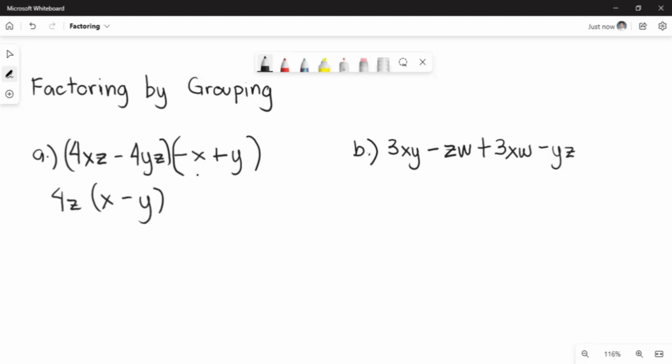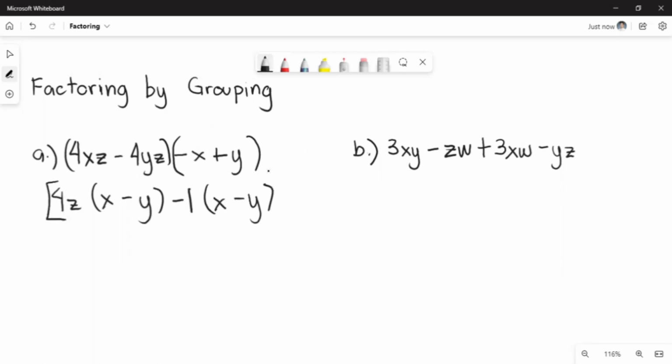Now, on the second two terms, that is negative x plus y, the common factor is negative 1. Now, if we factor out negative 1, we will divide it to the two terms. So, negative x divided by negative 1, that will give us x, and positive y divided by negative 1, that will give us negative y.